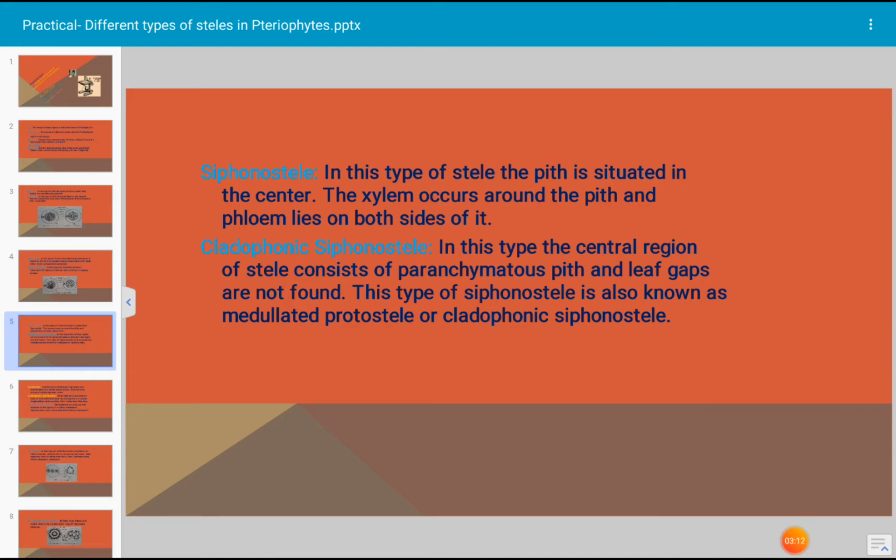One more type of stele is Cladosiphonic Siphonostele. In this type, the central region of the stele consists of parenchymatous pith and leaf gaps are not found. This type of Siphonostele is also known as Medullated Protostele or Cladosiphonic Siphonostele.